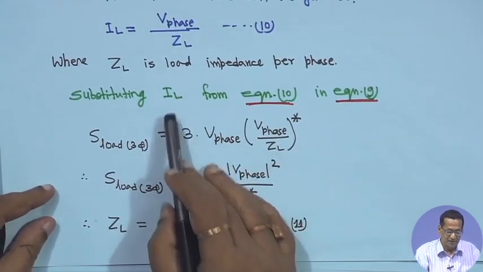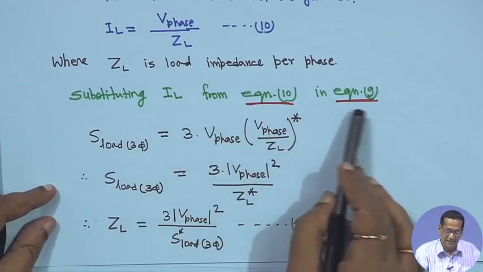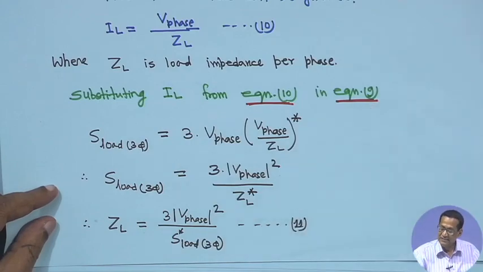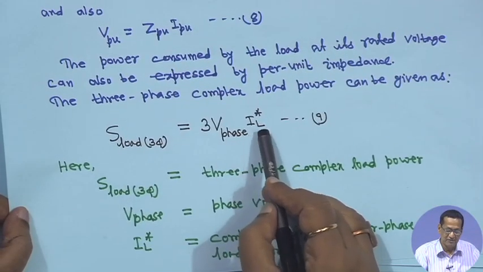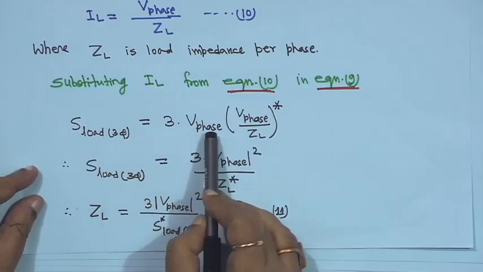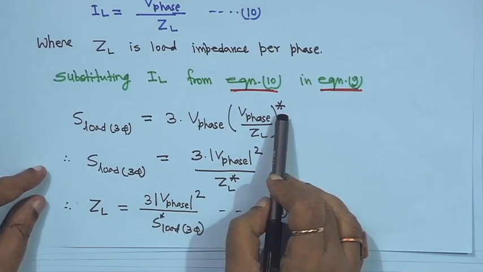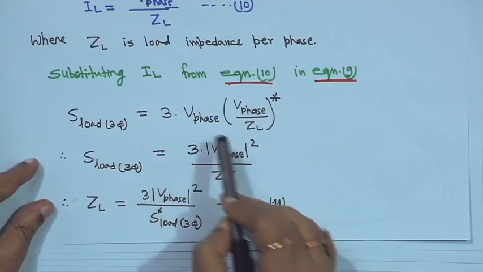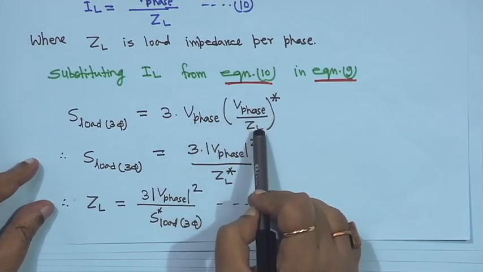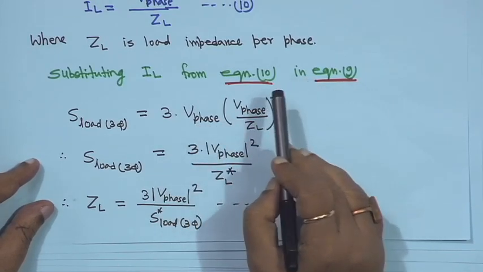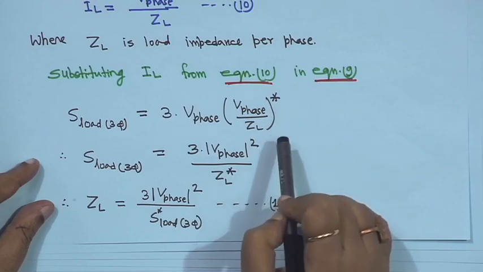Therefore, substituting IL from equation 10 in equation 9, S load 3 phase will be 3 into V phase, then V phase upon ZL conjugate, which is equal to V phase upon ZL conjugate, meaning V phase conjugate divided by ZL conjugate.